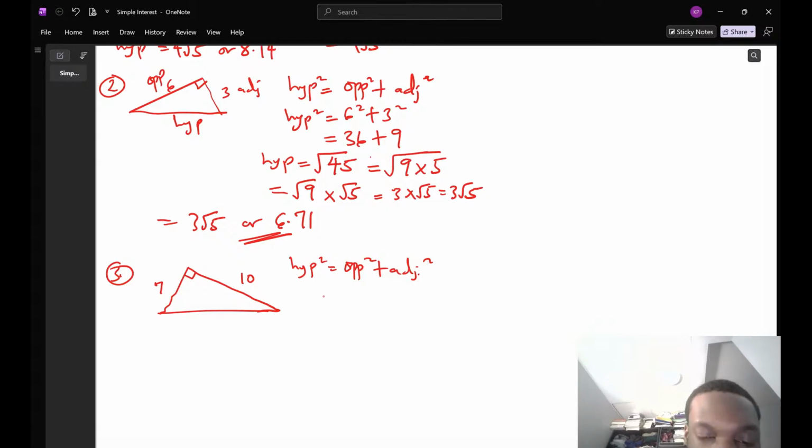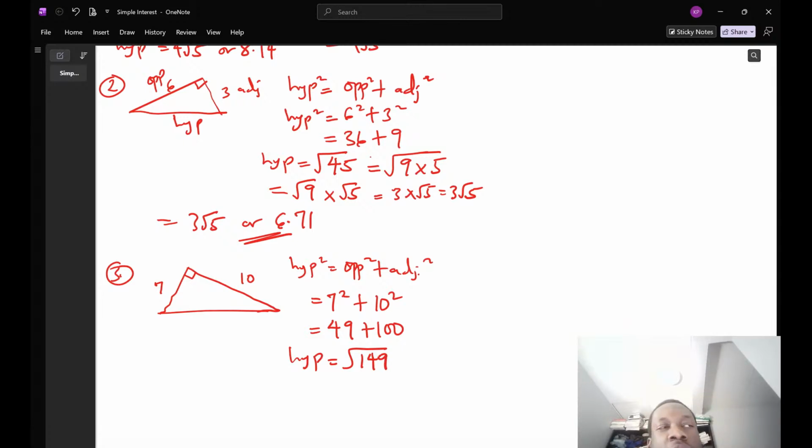So we have 7 squared plus 10 squared. That's 49 plus 100. So the hypotenuse squared is 149, so that's root 149. We know that the square root of 144 is 12. So the square root of 149 will be 12 point something, maybe about 12.2. I'm going to check it on the calculator. Root 149 is 12.21. So that's it for that question.